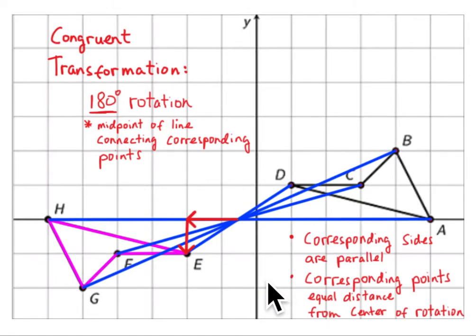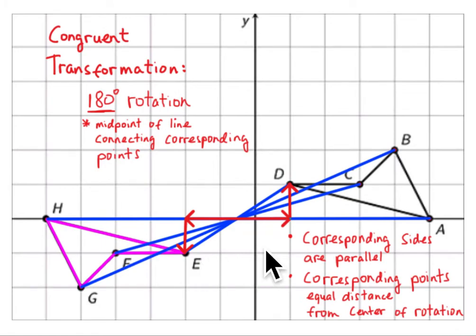And you can prove that it's a 180-degree rotation by counting rather than drawing circles and showing the rotation. So I'm just going to do this one time. For point E, if I count over to the left, actually it's 1.5 units. This is a half a unit and 1 unit, and down 1 unit. And now if I count to the right, so I'm going to rotate 180 degrees around and then count in the opposite direction.